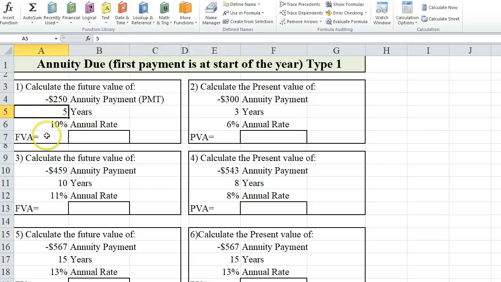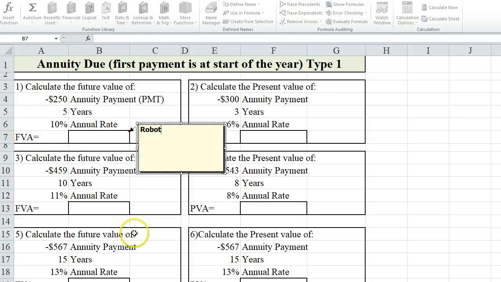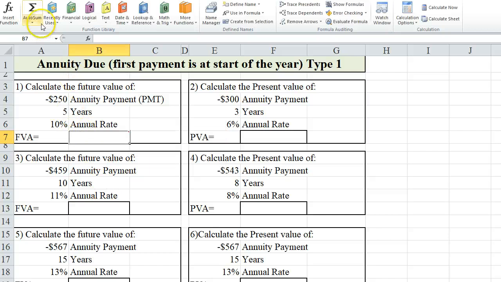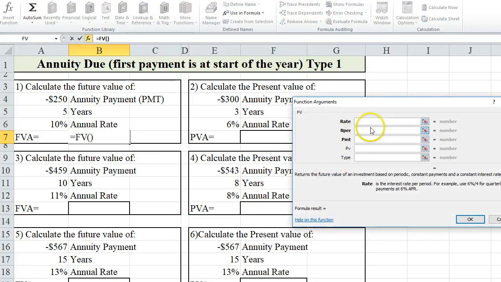Okay. Now we want to calculate the future value of the annuity, so I'll just leave a comment: use future value function. Okay. So let's open up future value, and I have my rate, NPER, and payment.